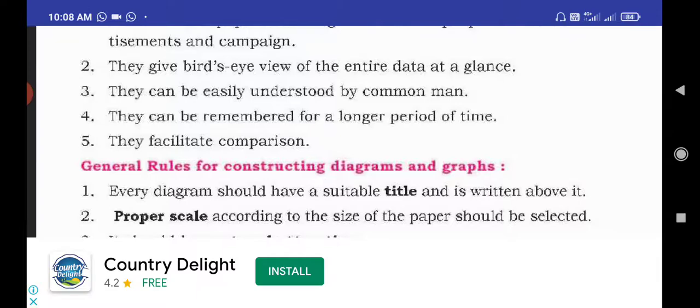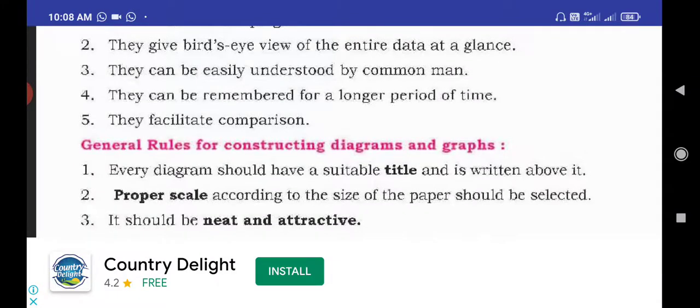And the next importance is that they can be remembered for a longer period of time. When we convert statistical data into graphs or diagrams, the graphs and diagrams are easy to remember. So we can remember for a long period of time because of graphs and diagrams.